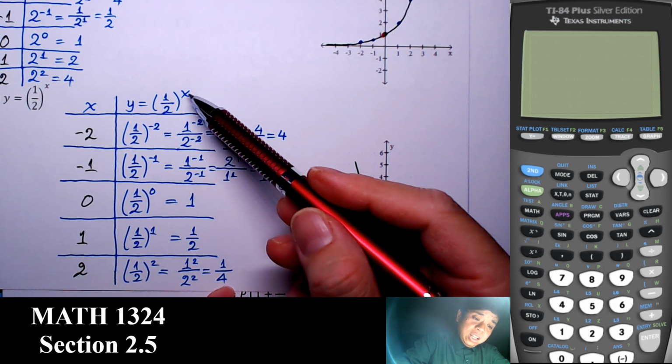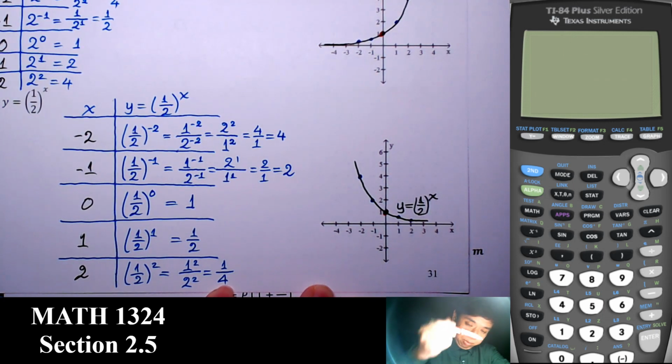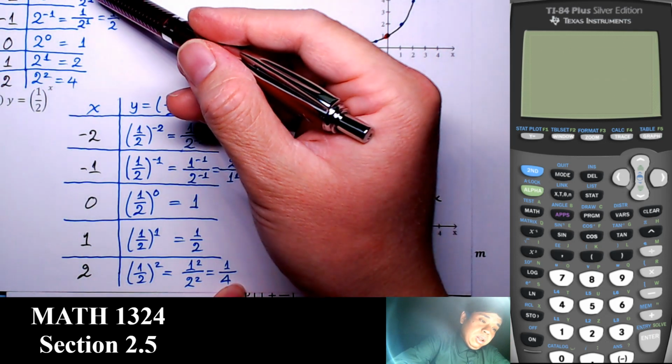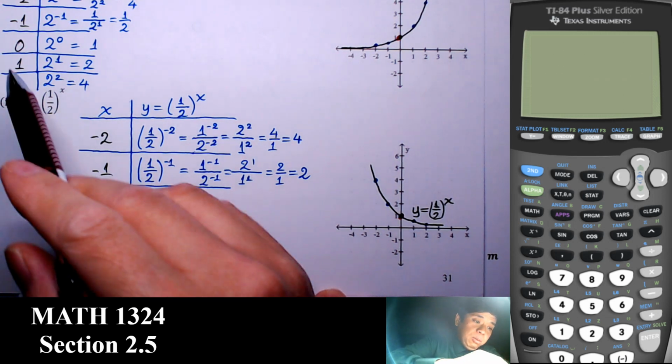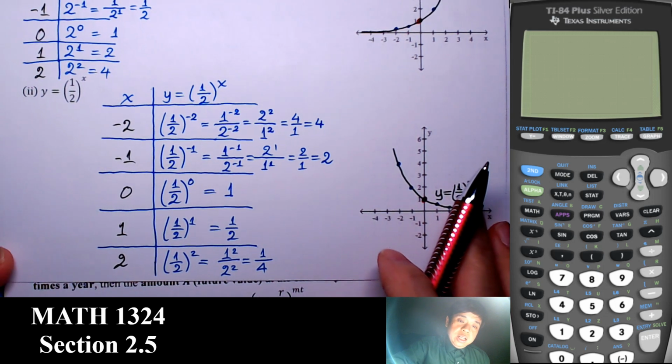Doesn't matter what the x is, positive, negative, 0, it's always defined. So the domain is all real numbers, and we keep that in mind. But regardless of the exponent, we only have positive numbers. If we have a positive number as the base, when raised to any power, it's going to be positive.